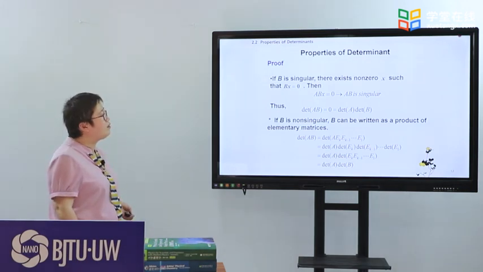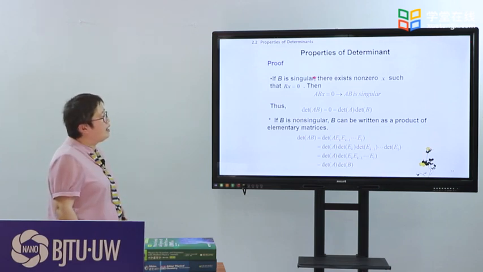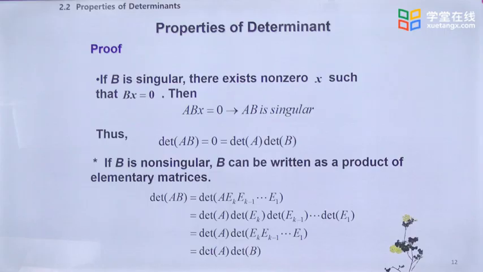So if B is singular, then there must exist non-zero x such that the system Bx equals 0 has a non-trivial solution. Then because Bx equals 0, if you pre-multiply both sides by A, you will get A times B times x equals A times 0 equals 0.